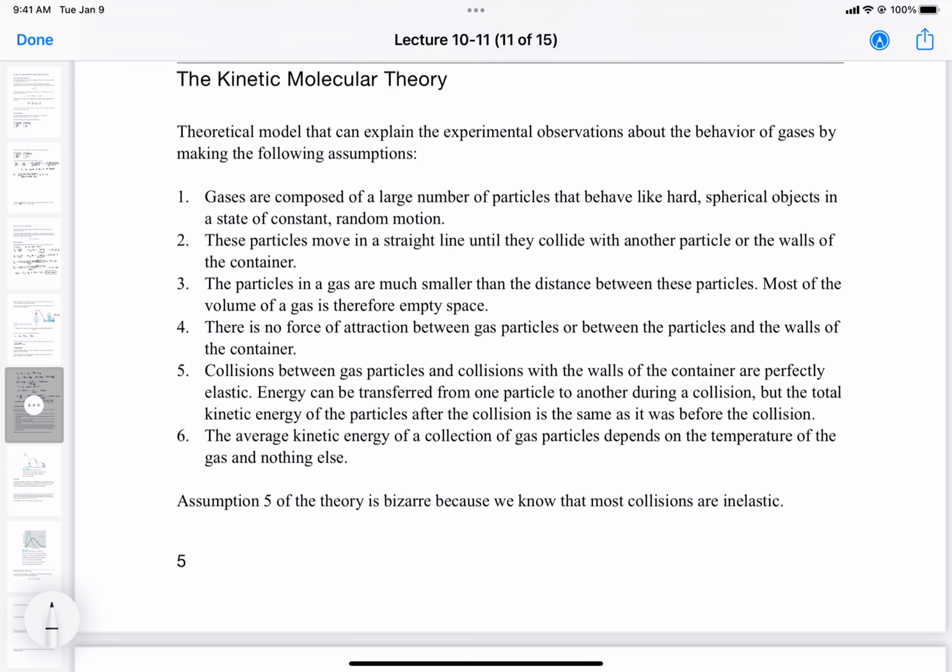So in this case, when we see gas particles, we assume that they have no volume, or most of their volume is empty space. So they don't occupy much volume themselves, but the bulk of the gas will occupy the volume of the container. But the volume of the gas particles themselves is small, so they don't occupy much volume individually. So that's what that is saying, okay?